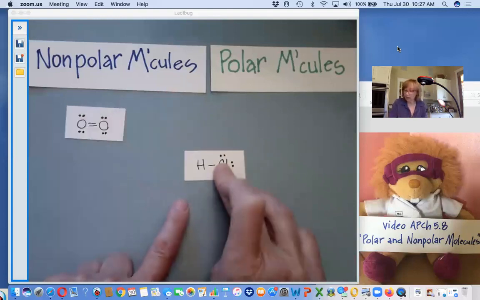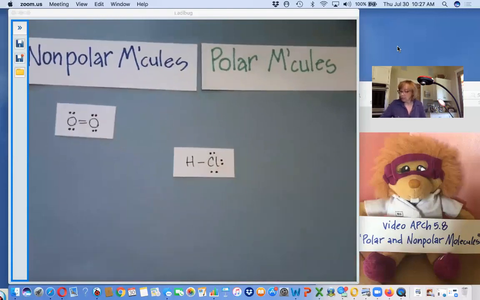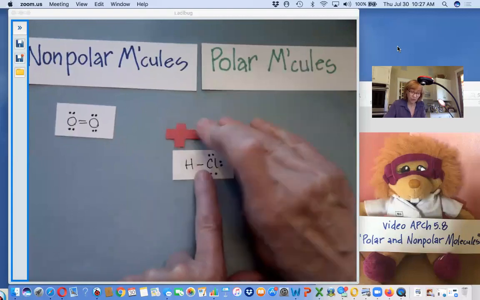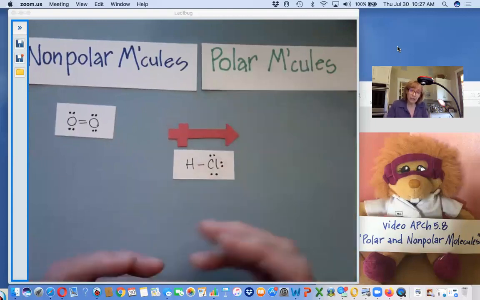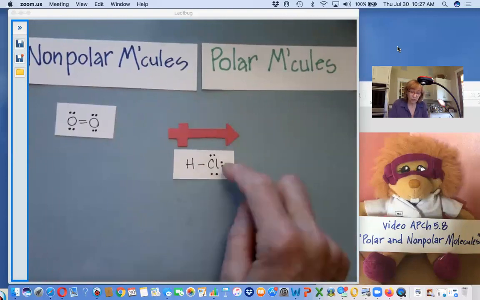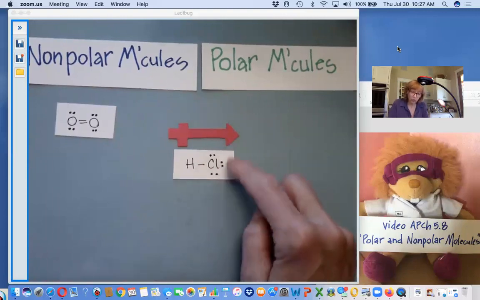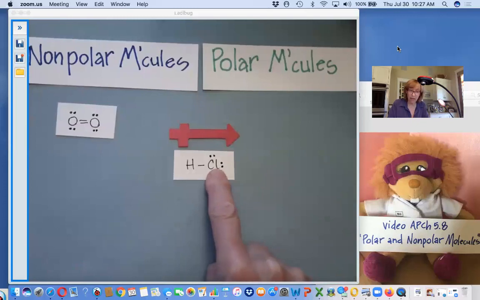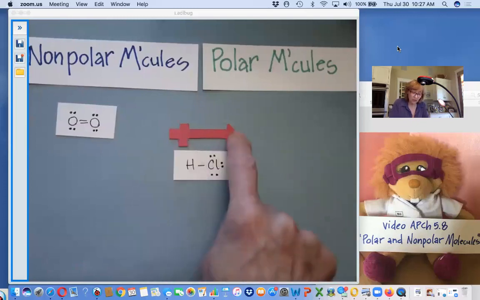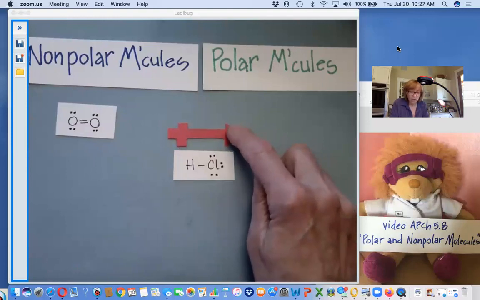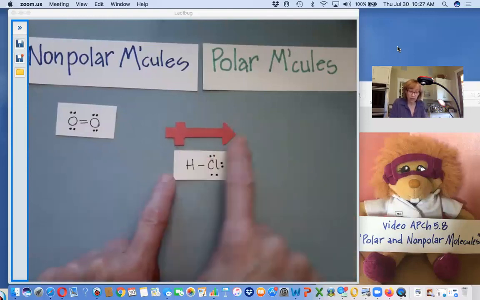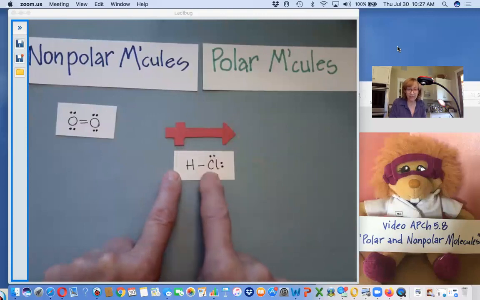And on the other hand, in hydrogen chloride, the bond is not evenly distributed. The electron charge is skewed toward the more electronegative atom. What I've drawn here is called a bond dipole, and it's always pointing toward where the electron density is greatest.